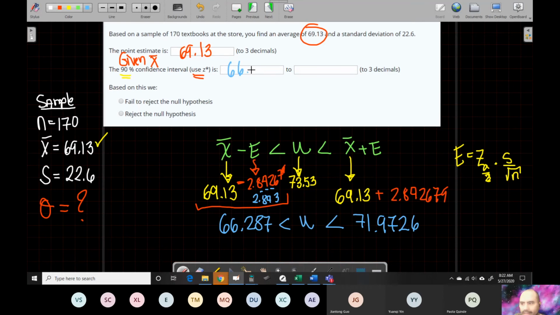So the number that they actually use online is 69.13. I'm going to write it for you. On the side is 66.27, right? And the other one, they use 71.99. Now, as you can see, we came very close here. There must be some decimal that we are not using correctly.